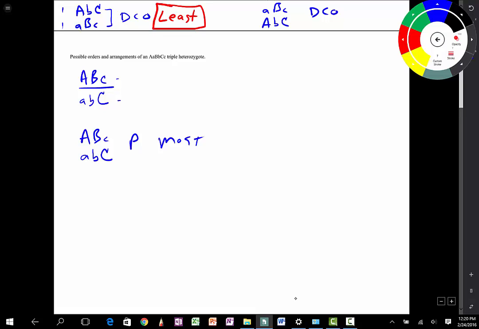If we get a single crossover between A and B, now we'll get big A, little b, big C, and we'll also get little a, big B, little c.